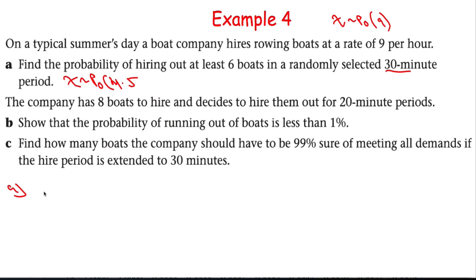So part A, I want the probability that x is greater than or equal to 6. Our tables don't tell us greater than or equal to 6. That's going to be the same as 1 minus the probability that x is less than or equal to 5. So that's 1 minus, and let's go to our tables.